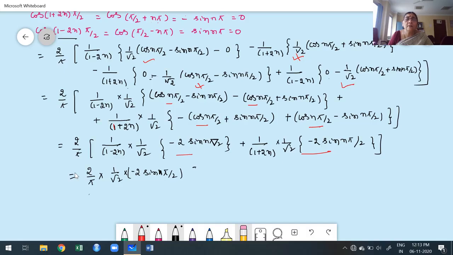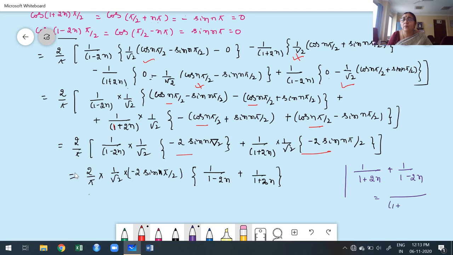Remaining is 1 by 1 minus 2n plus 1 by 1 plus 2n. Now I'm going to explain 1 by 1 plus 2n and also 1 by 1 minus 2n separately. We take LCM and simplify. 1 plus 2n into 1 minus 2n. What do we get? 1 minus 2n plus 1 plus 2n. What do we get? 2 times.